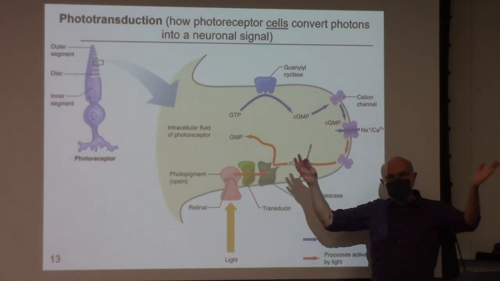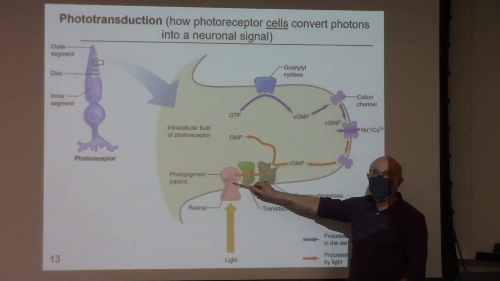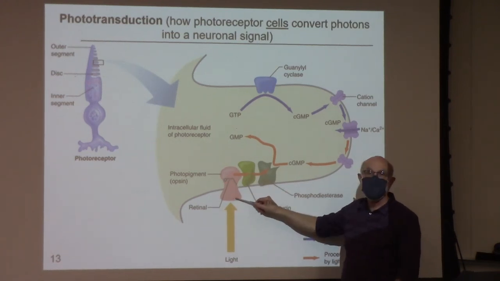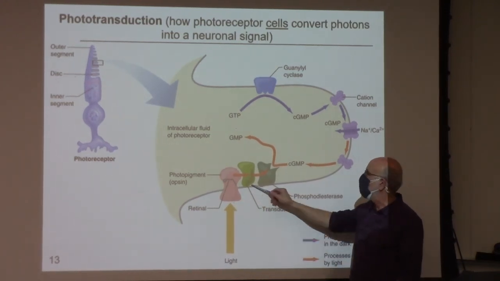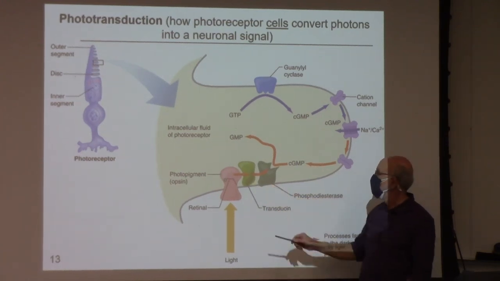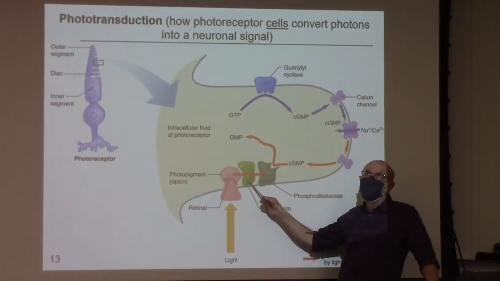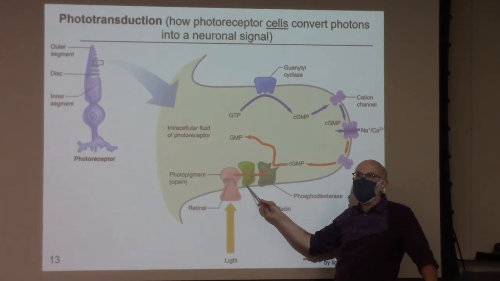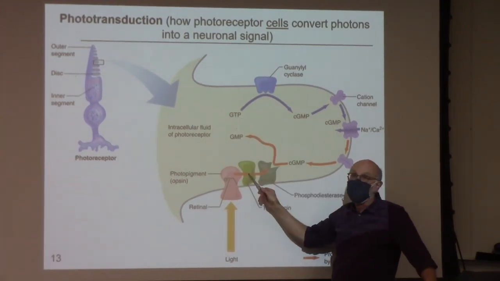Now, let there be light. Light hits the retinal, conformational change of the opsin, conformational change of the transducin. What's not shown here? GDP dissociating and GTP associating.